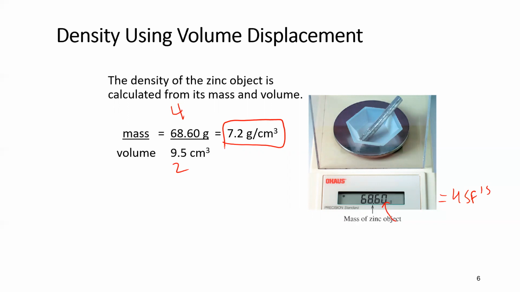Now I would recommend doing the mass measurement first, before the volume. That way your cylinder is dry, it's not wet. They also have this on a weighing tray. You would have to first sit the weighing tray on the scale and zero it out, then add the cylinder, right? That's also referred to as taring. So you would tare out the weighing tray, zero it out, and then add the cylinder.